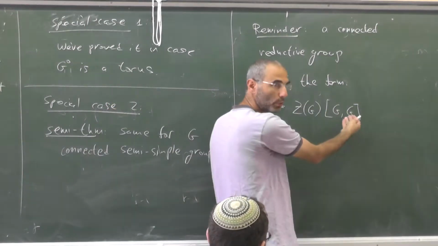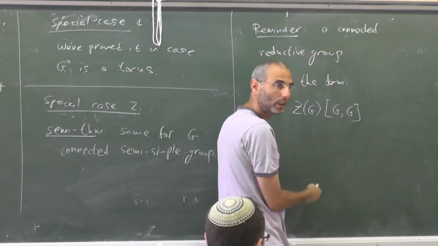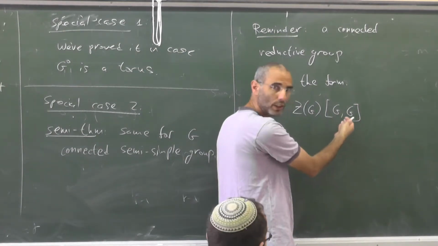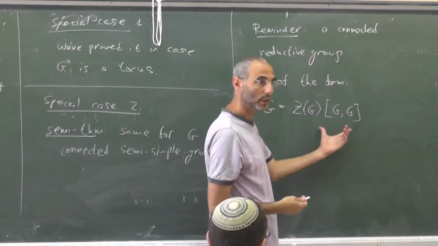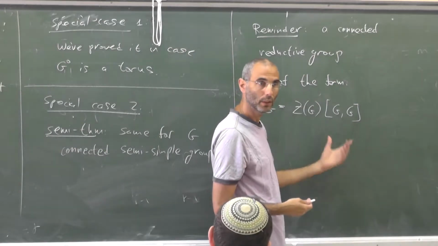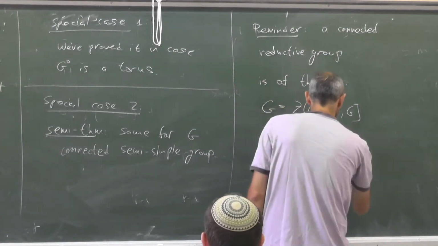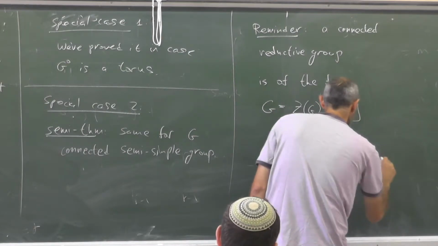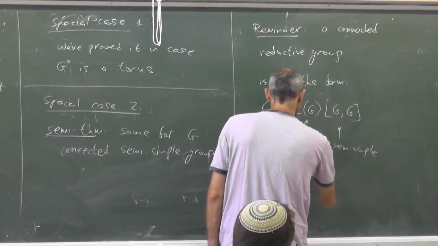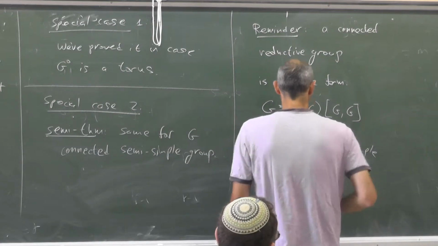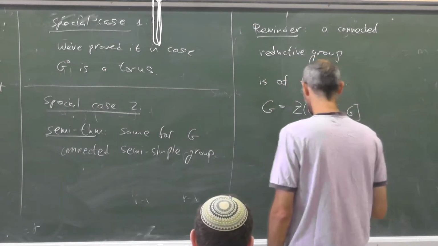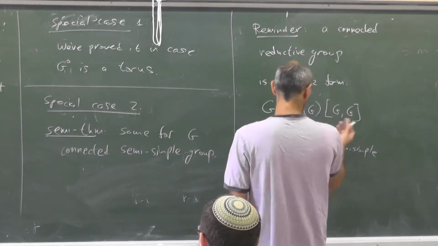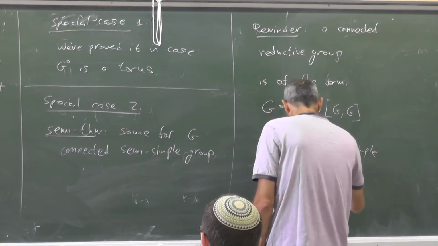The group generated by the commutator, this is a basic fact, it's not the complete commutator. The group generated by the commutator is again algebraic, and this is semi-simple, and this is a torus. So actually, and of course they commute, one of them is central.